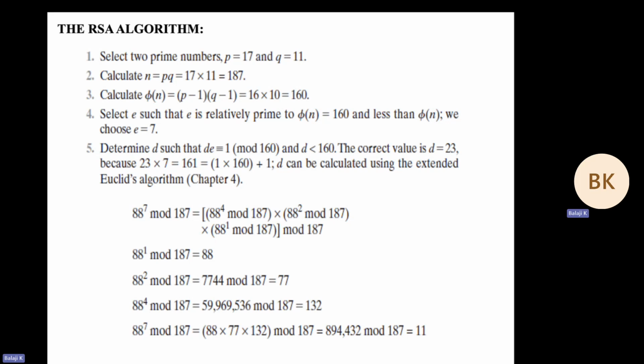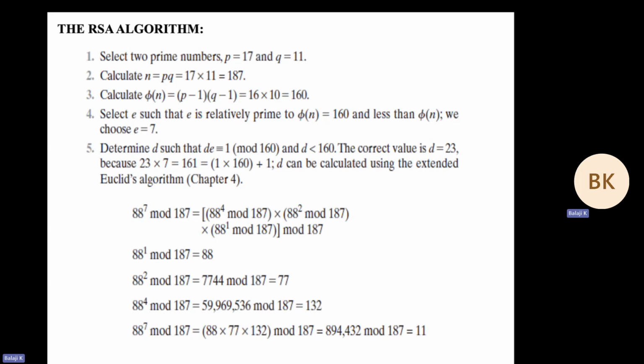Once we calculate n and phi of n, then we need to get the value of e. So for e, GCD of phi of n comma e equal to 1. So GCD of 160 comma, next I need to substitute a value for e. I can substitute 1, 2, 3, 4, 5. Like that I can substitute, so that I can select e equal to 7.